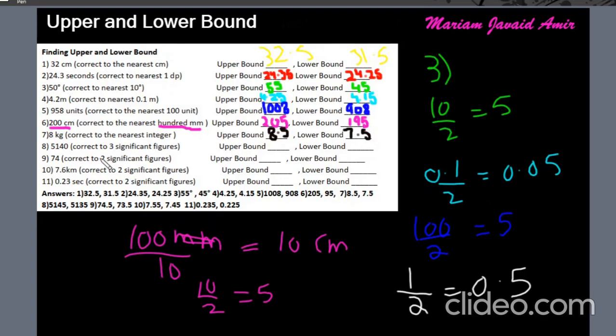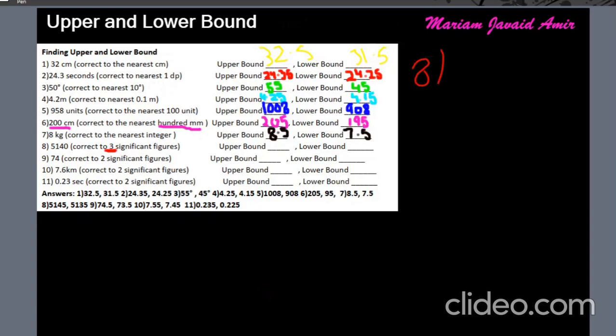5140 correct to 3 significant figures. Now this is relatively trickier. Okay, so let me write the number, 5140 correct to 3 significant figures. So this is the first significant figure, this is the second, this is the third. So which place is this? This is the tens place, right?